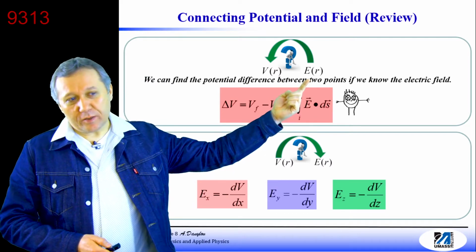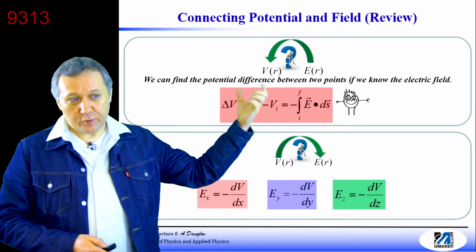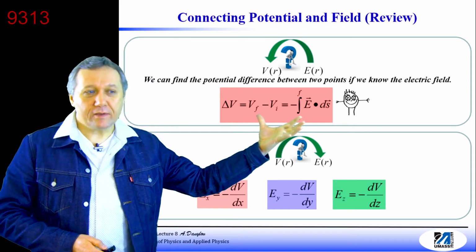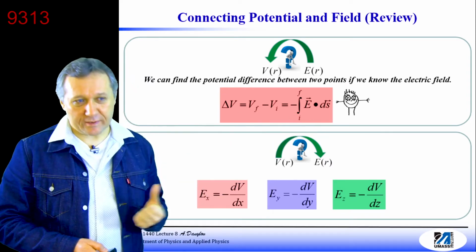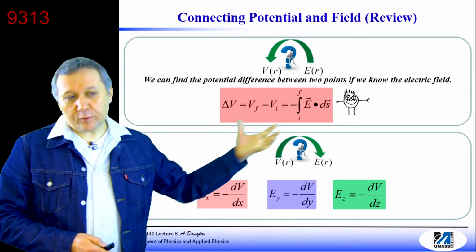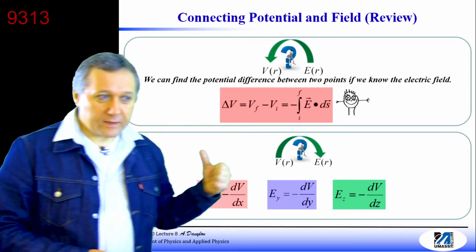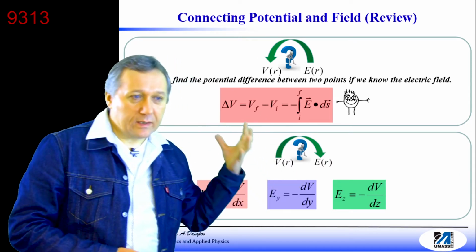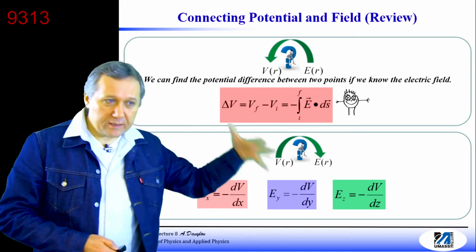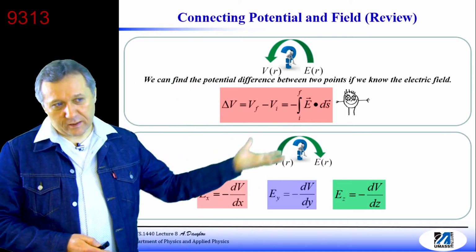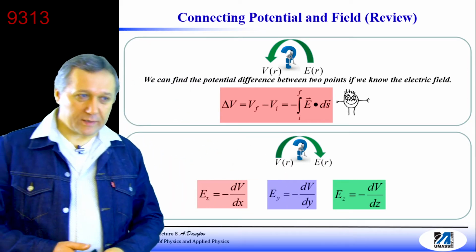We discussed how we can move, for example, from the electric field to the electric potential. And we derived this formula, this integral, right? And of course, instead of taking this integral, we calculated the area under the curve, E versus X in our one-dimensional cases.